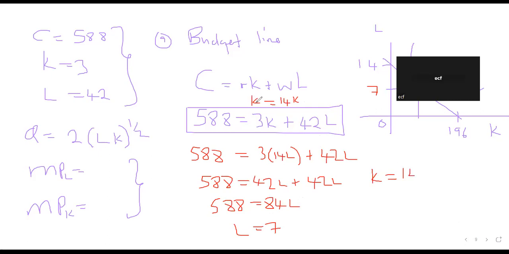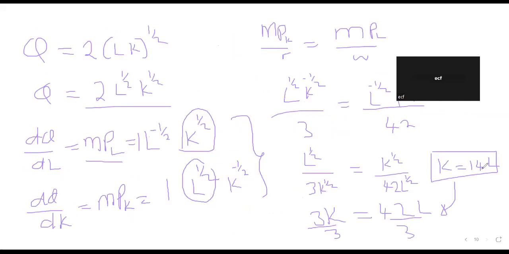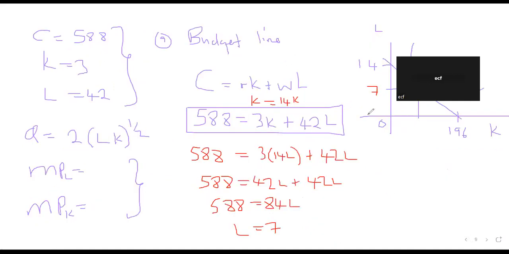What was this now? K is equal to 14L. That's what we found. K is equal to 14L. So here we found L, so our L is 7.